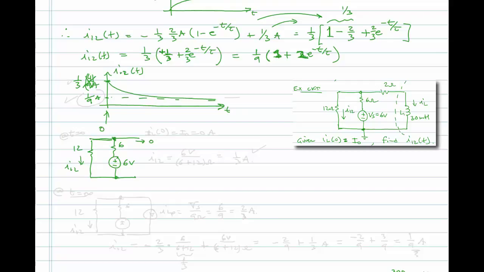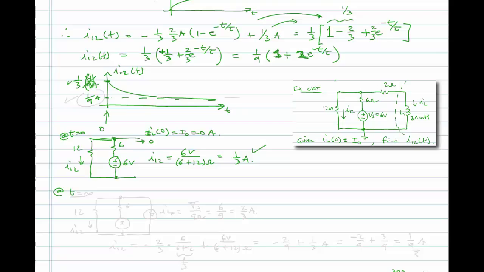All we get is I12 is equal to 6 volts over 6 plus 12 ohms, which is 1/3 of an amp, which is exactly what we have here. Okay, and then so this is at time t equals 0. So this is, I should say, IL at time 0 is equal to I naught, which is equal to 0 amps, as we have defined up here.